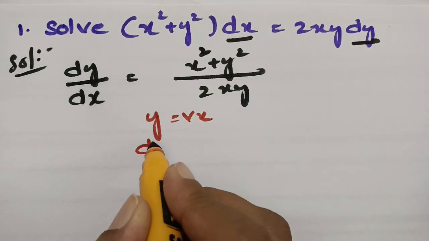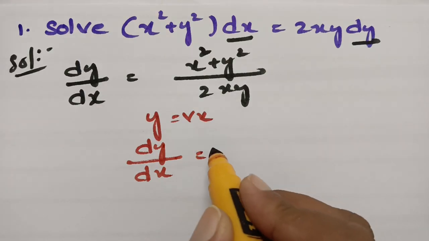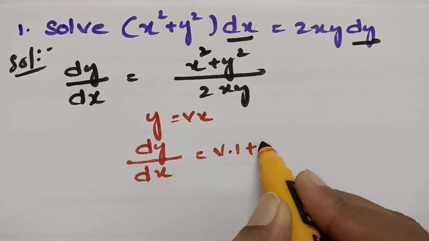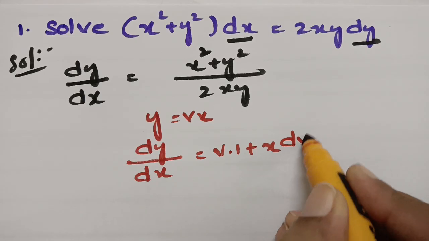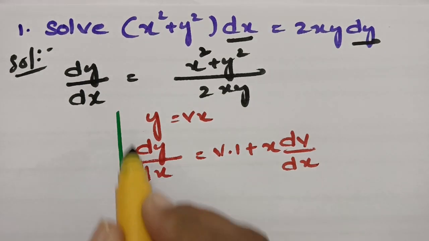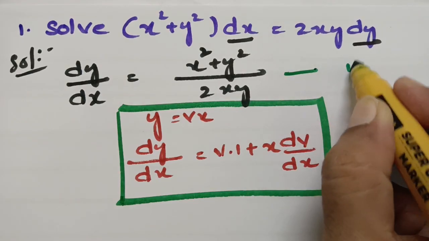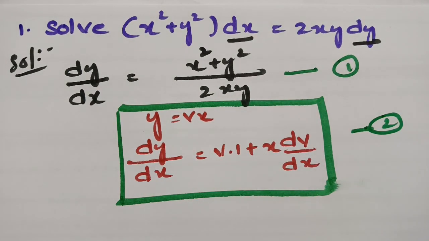If I take the derivative, dy by dx is equal to, for x it is 1, so v into 1, and again I am leaving x here, for v it is dv by dx. This is the substitution which I am going to use, and this is considered as equation 1, and this is equation 2.